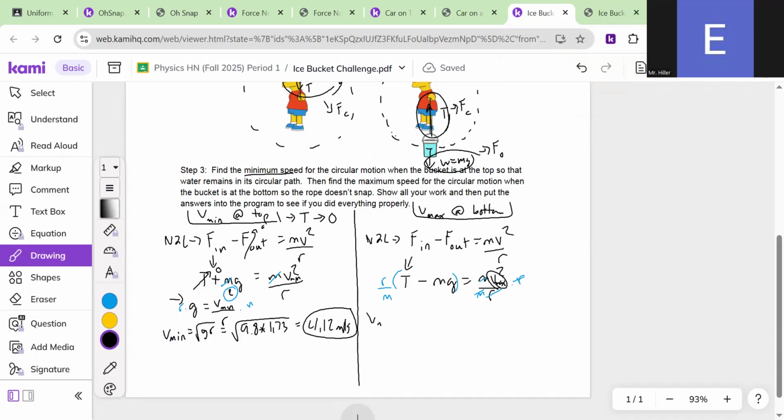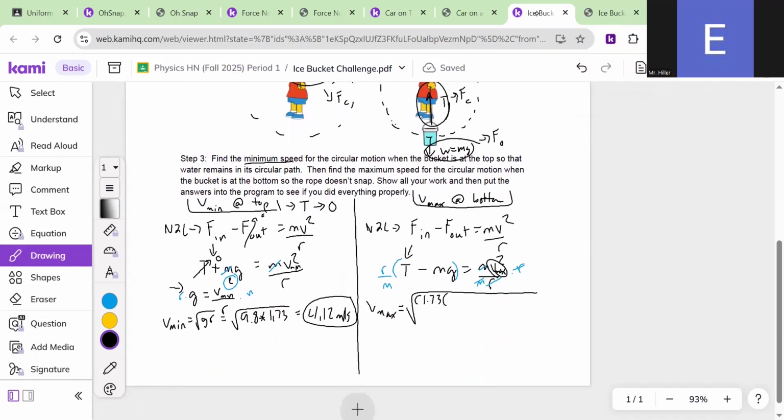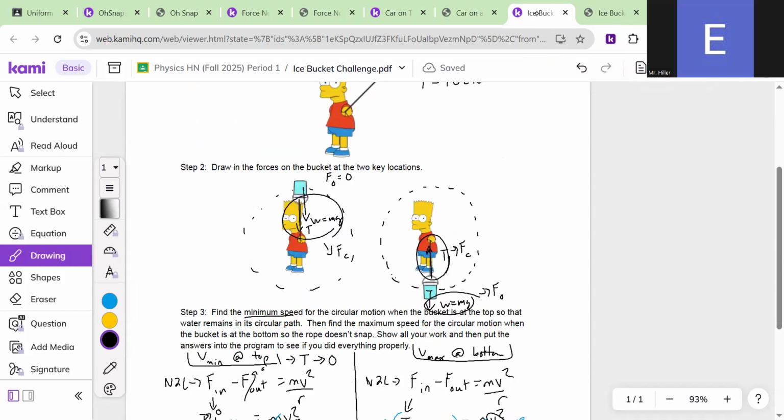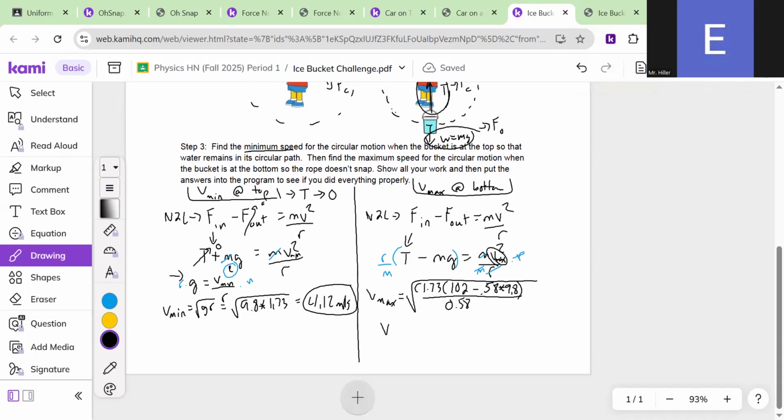And so v max is equal to the square root of R, the radius, 1.73, times the tension, which I have 102 for mine, minus mg. So the mass is 0.58, 0.58 times 9.8. Okay, and then all of that is divided by the mass of 0.58. Okay, go ahead and calculate your v max.